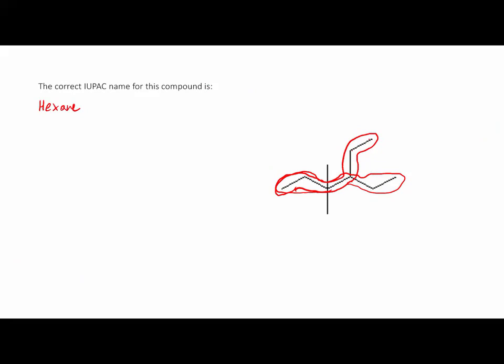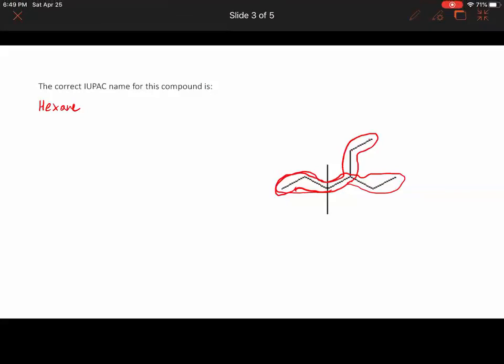Now that you have your base name, you need to look at the substituents. I'm just going to redraw this. So we have your longest carbon chain, and you have your 3 substituents.